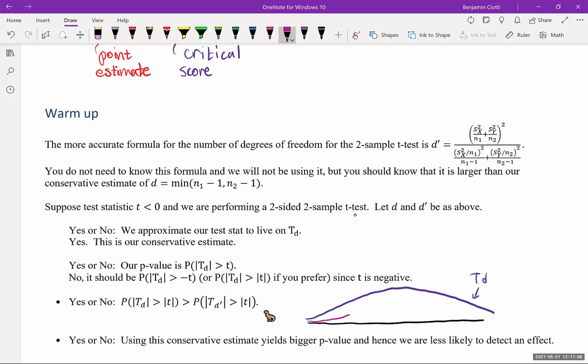It has a higher number of degrees of freedom, so it's closer to a normal distribution, and has a tail that's not as fat. So if we shade some areas, let's say our t statistic is right there, so there's positive t and negative t, at least in absolute value.